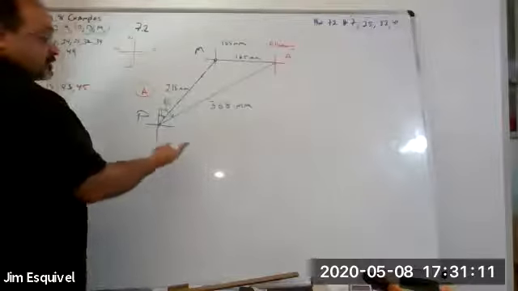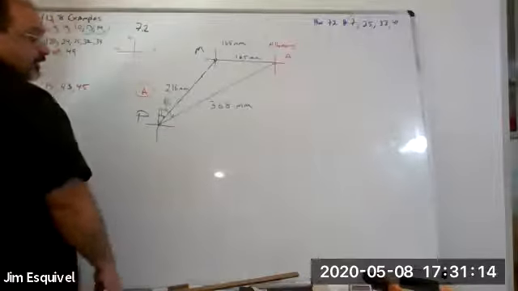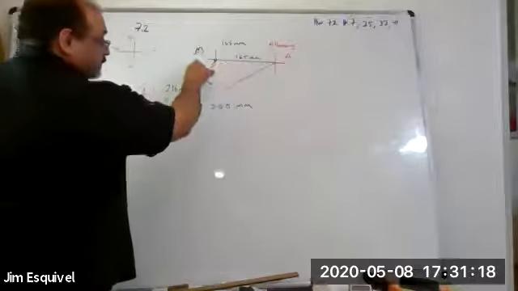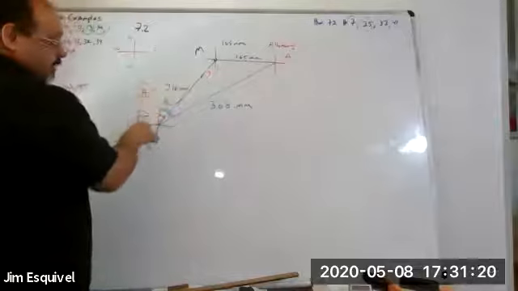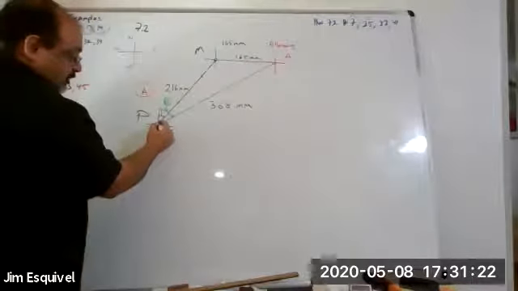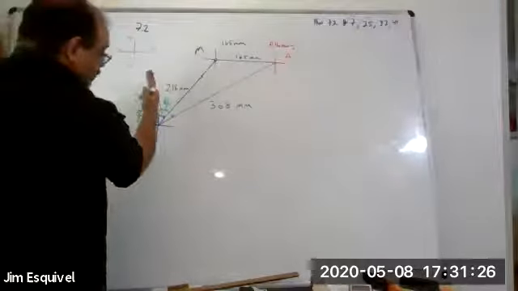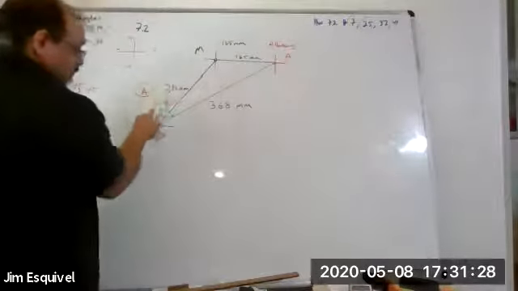Understand what questions they're asking of you. They want the bearing of Minneapolis from Phoenix. So starting from Phoenix, what heading, what bearing would we take? Starting at north, how far would we turn?